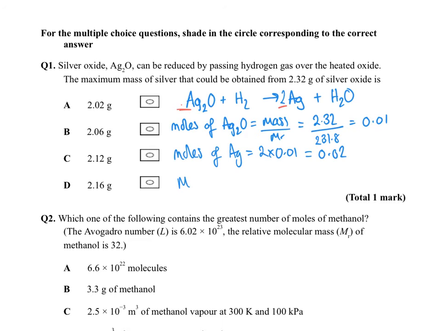And then you can work out the maximum mass, which is going to be moles times MR, or in this case AR because it's the relative atomic mass. And that gives you a total of 2.156 grams, which if we round to 2 decimal places gives us answer D.